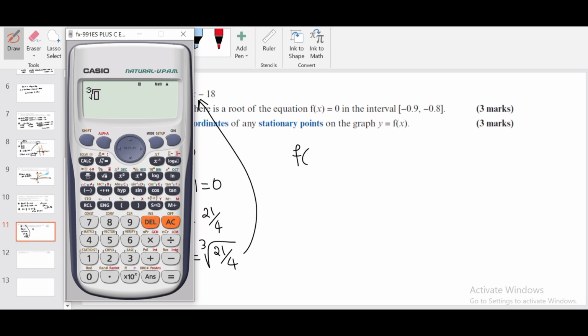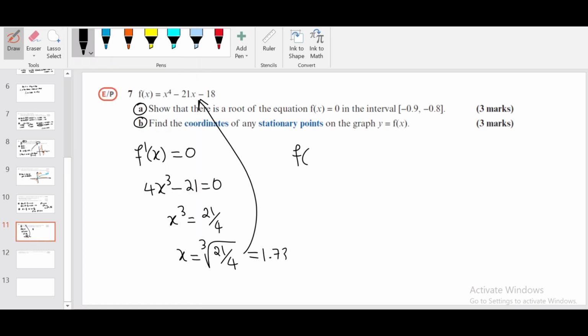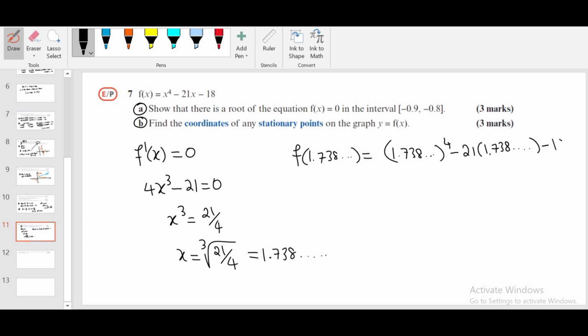Cube root of 21 over 4 is 1.738, etc. Okay, I'm gonna use the exact value, not the rounded figure, in f(x). So f(1.738...) is 1.738... to the power 4 minus 21 times 1.738... minus 80. That will give you the y coordinate.